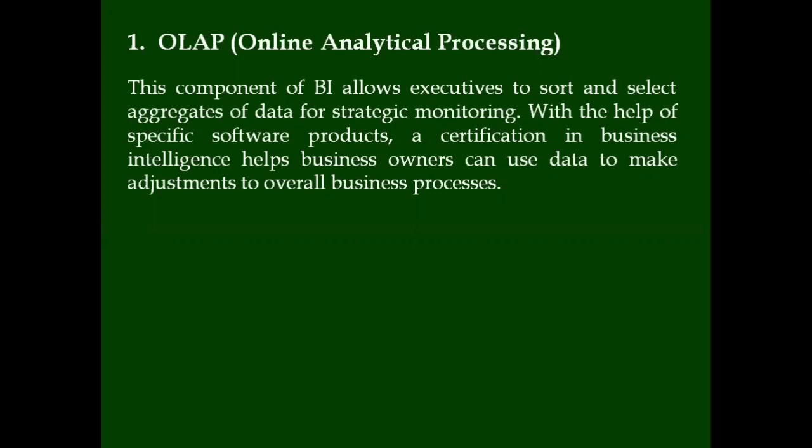So OLAP is used for analytical purposes, and that analysis will be done by the executives who are monitoring and governing the business. By using OLAP, we can find solutions to any problem encountered at any point of time during the business, and this will help to find an impactful solution to adjust the overall business process.